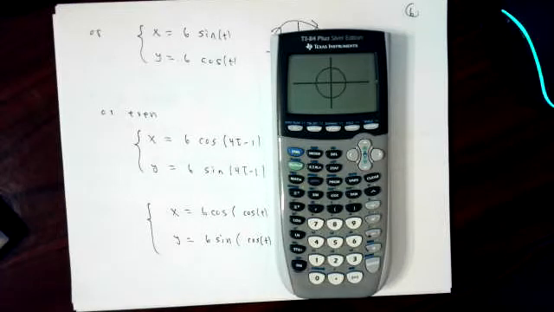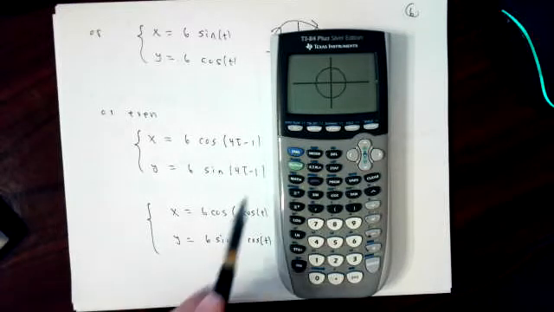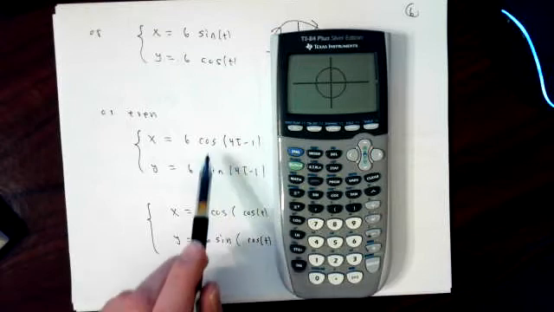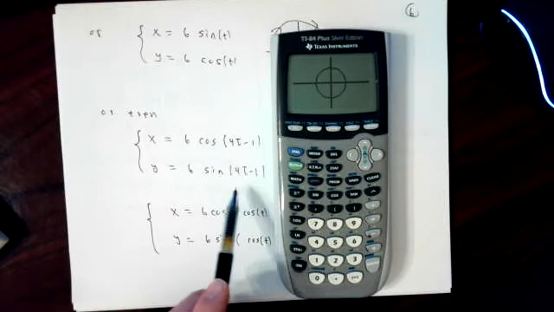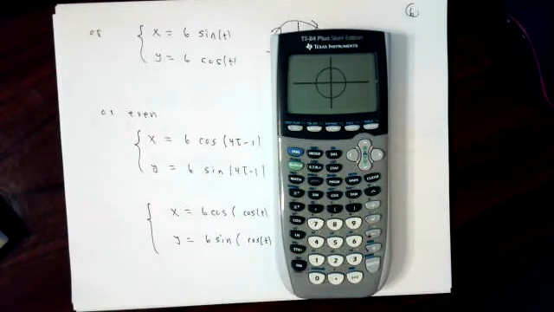As long as I stick the same expression into this cosine and this sine, the points that I generate will obey x squared plus y squared equals 36.